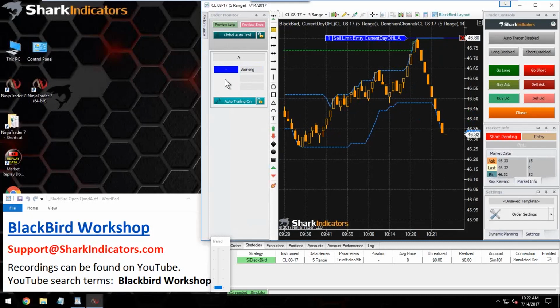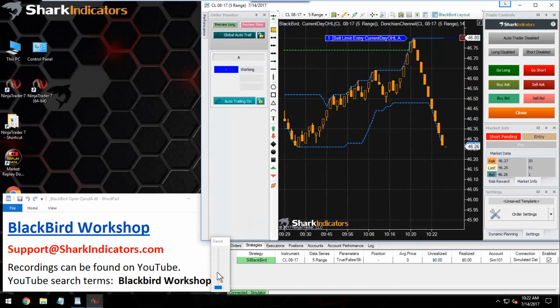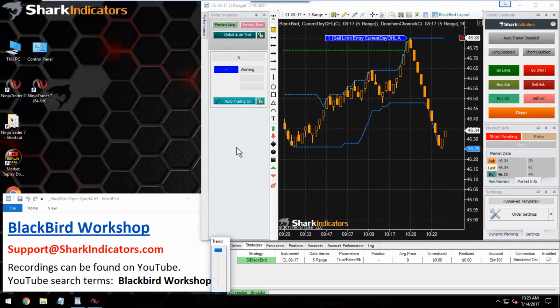So you'll see the profit target area and the stop loss area are just empty because there isn't one. All right, let me pull the market up now. But just to show you, you can monitor what your orders are doing on the order monitor panel here.